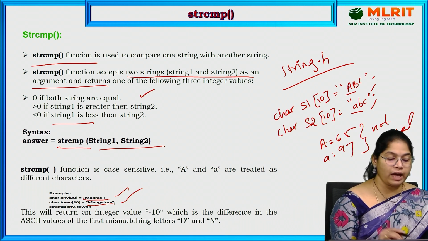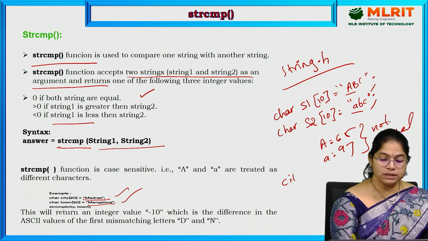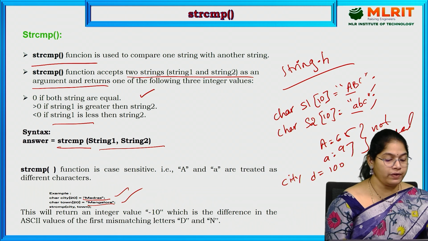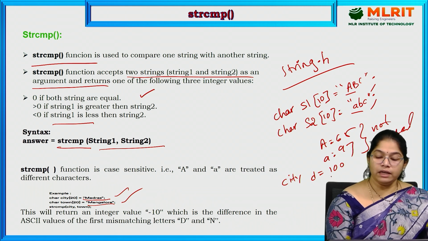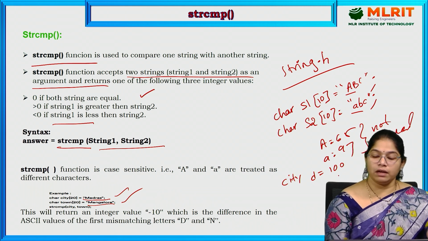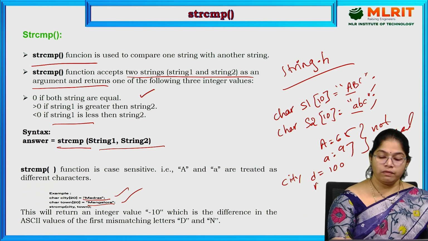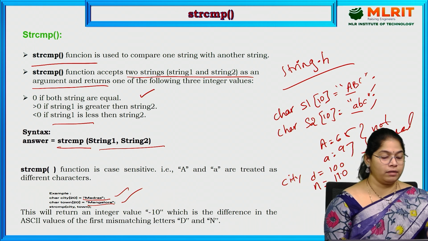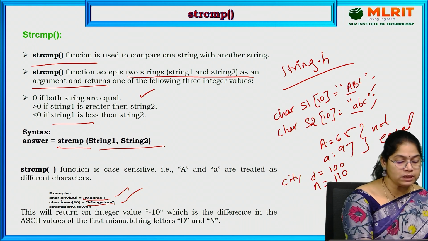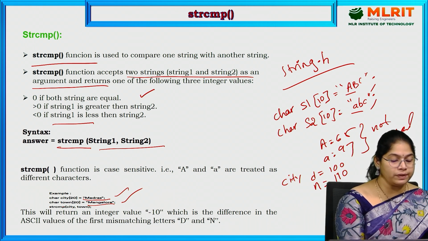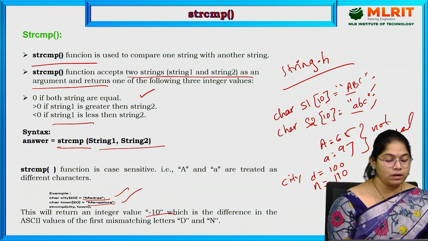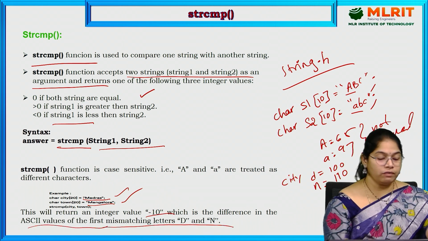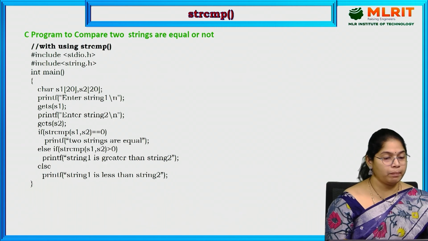Then A, then we have D. In the first string, that is city, we have a small d, whose ASCII value is 100, and when we compare with n, whose ASCII value is 110, that means S1 is compared with S2, the return value is -10 because the ASCII value of the first letter is mismatching. Here we have a d and in the second we have n.